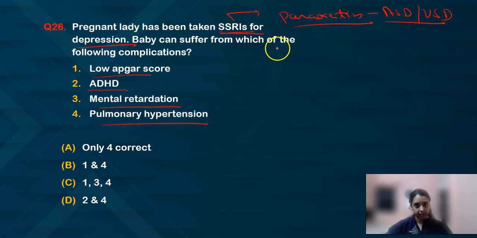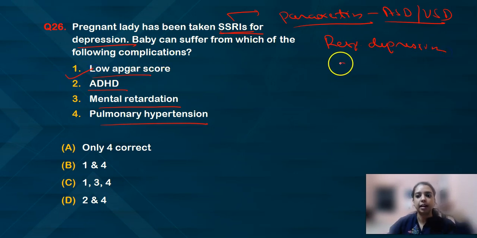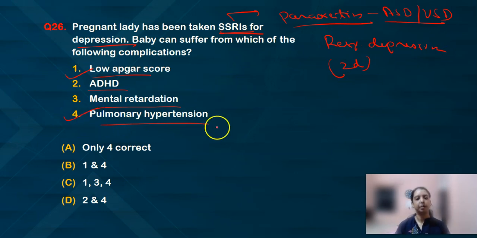The rest of the SSRIs are safe, except they cause little neonatal symptoms, which include hypotonia, jitteriness, and respiratory depression. Respiratory depression leading to low Apgar does occur, but it is mild and occurs only for 2 days. One very commonly linked problem with SSRI is persistent pulmonary hypertension.